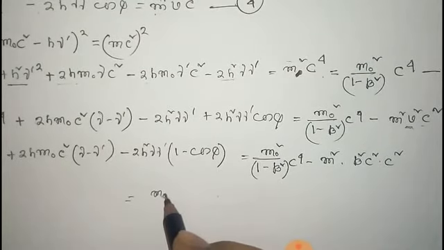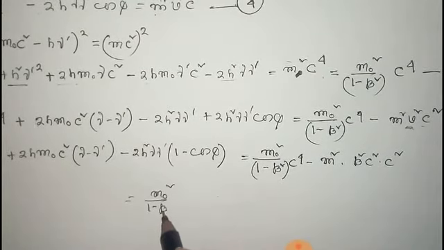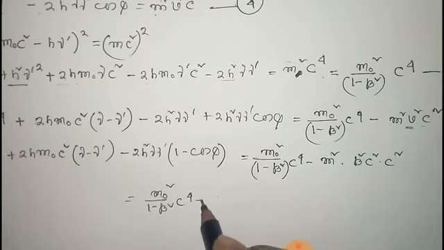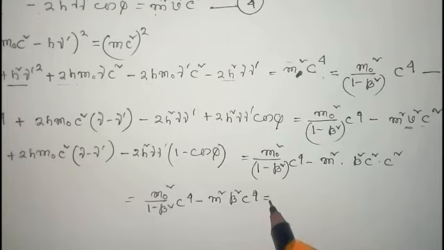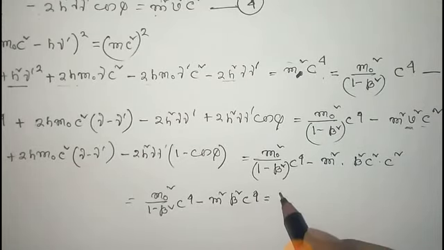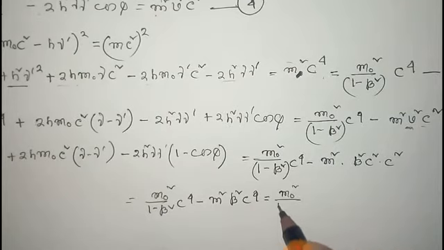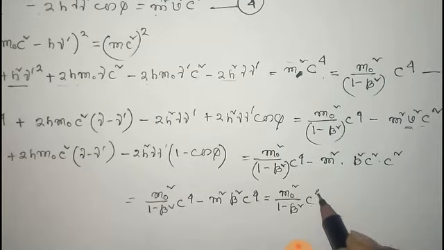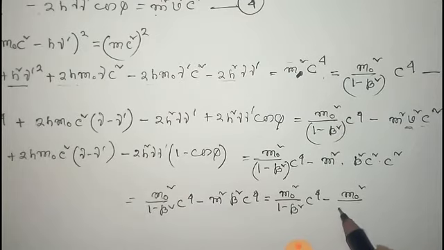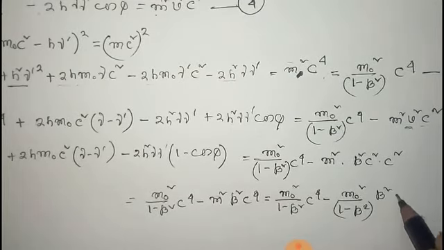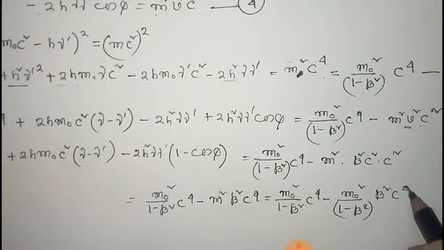Now this is equal to m naught square by 1 minus beta square c to the power 4 minus m square beta square c to the power 4, and that's equal to m naught square by 1 minus beta square c to the power 4 minus, for this moving mass, m naught square by 1 minus beta square into beta square c to the power 4.